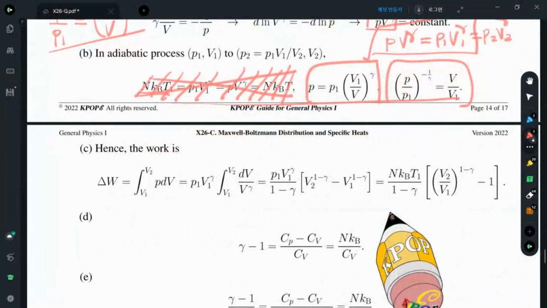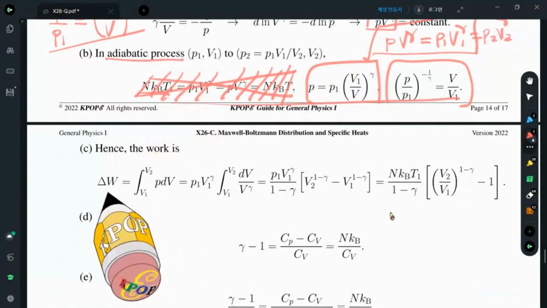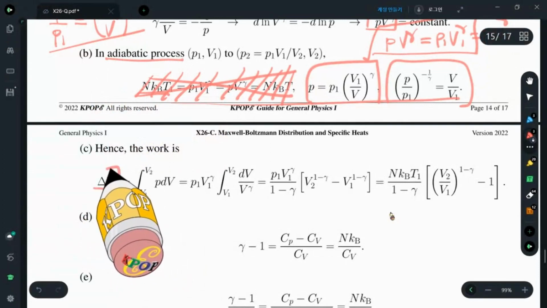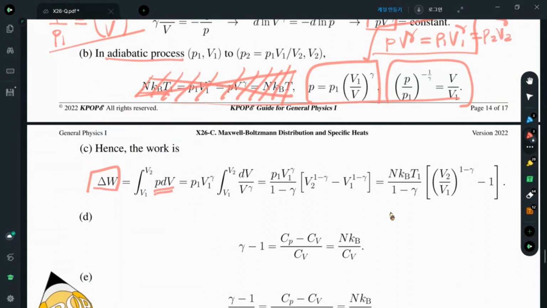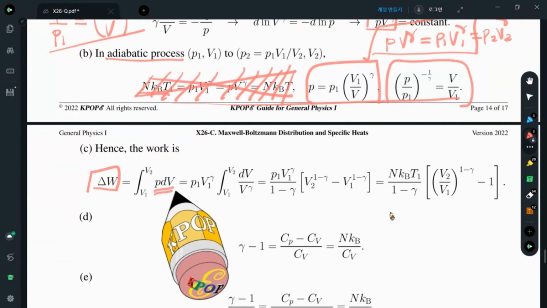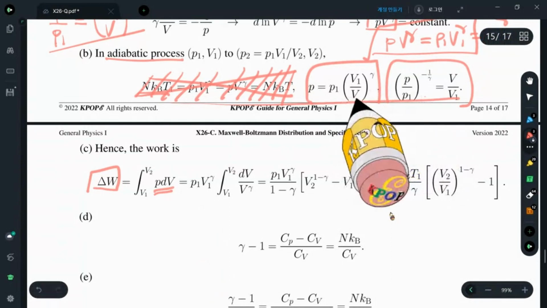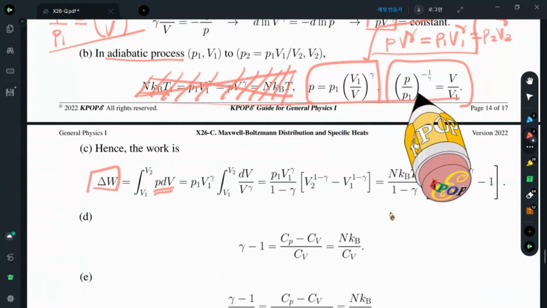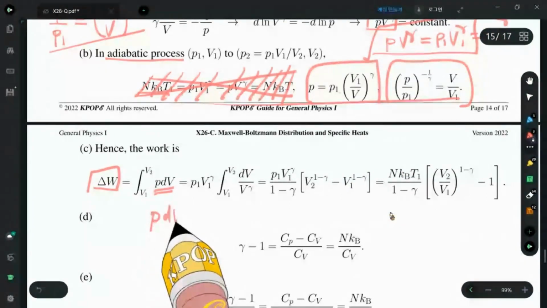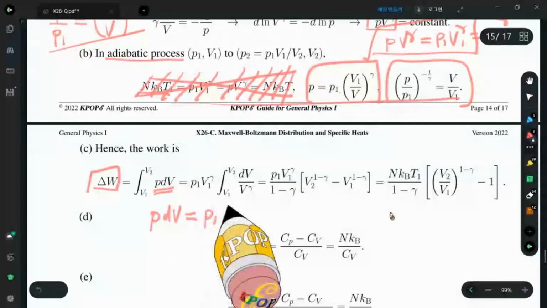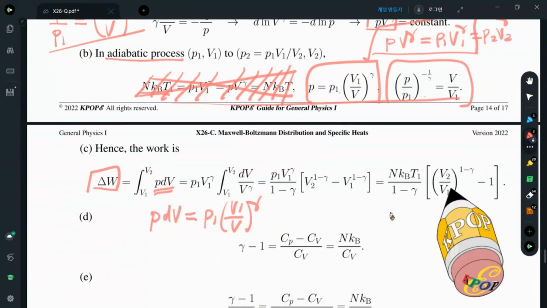The work done by the gas during an adiabatic process can be computed. Work done by the gas should be the integral of PdV, and this integral can be expressed in terms of these formulas. For example, P equals P1 V1^gamma over V^gamma, right?